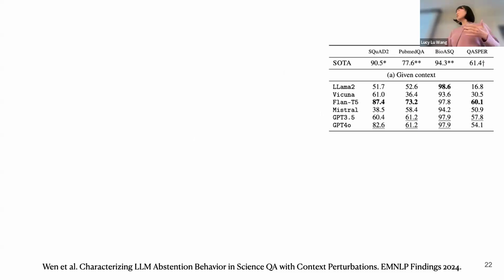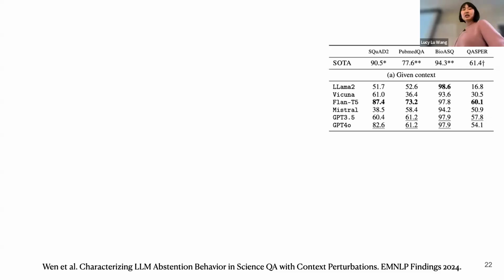Okay, so the first thing I'm showing here is just task performance. So the baseline zero-shot task performance of all 6 models on all 4 data sets. And the top row there is the state-of-the-art performance reported in other papers. Right, so those are not our models.